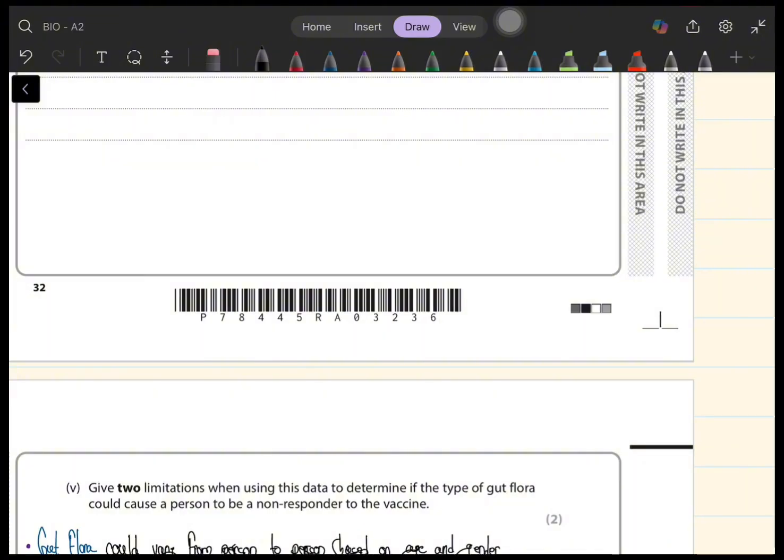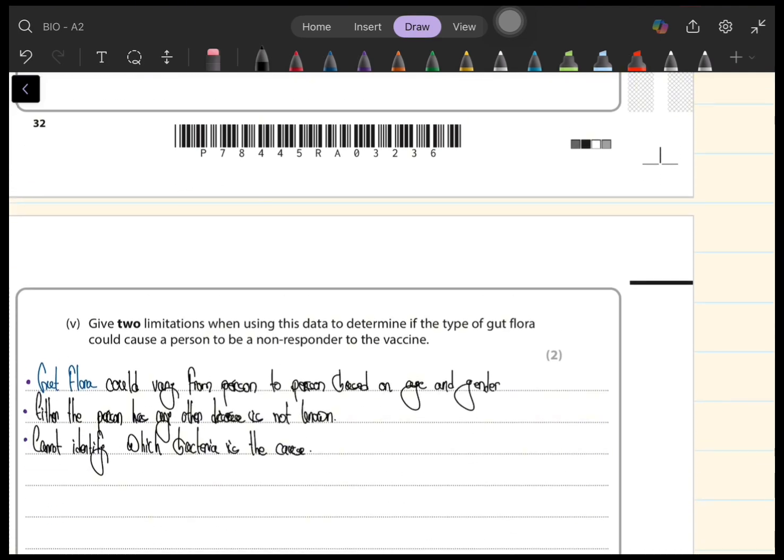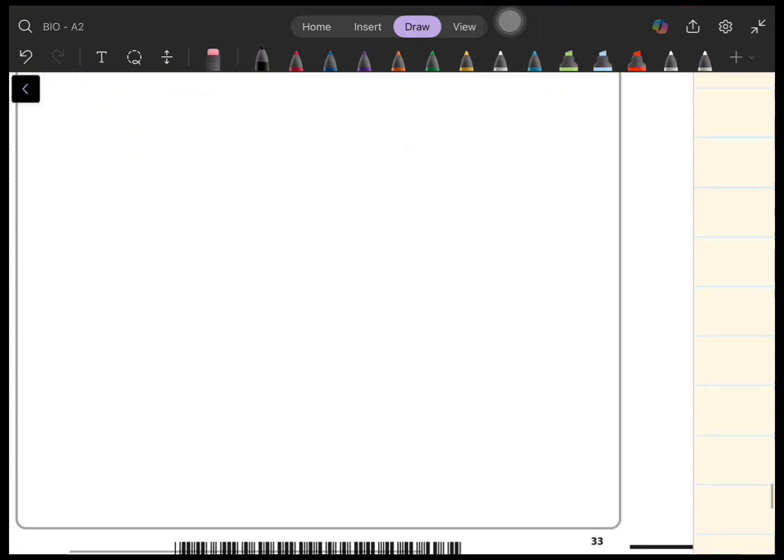And also we do not know whether the person has some pre-existing disease, like stomach ulcers or anything, right? So gut flora could vary from person to person with age and gender. Whether the person has any other diseases or not is not known, and we cannot identify which bacteria is the cause of this. So let's just move on.